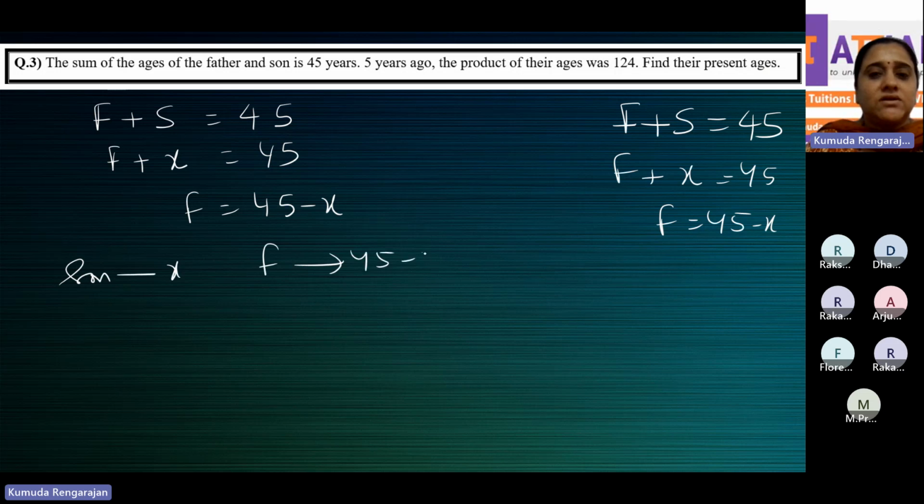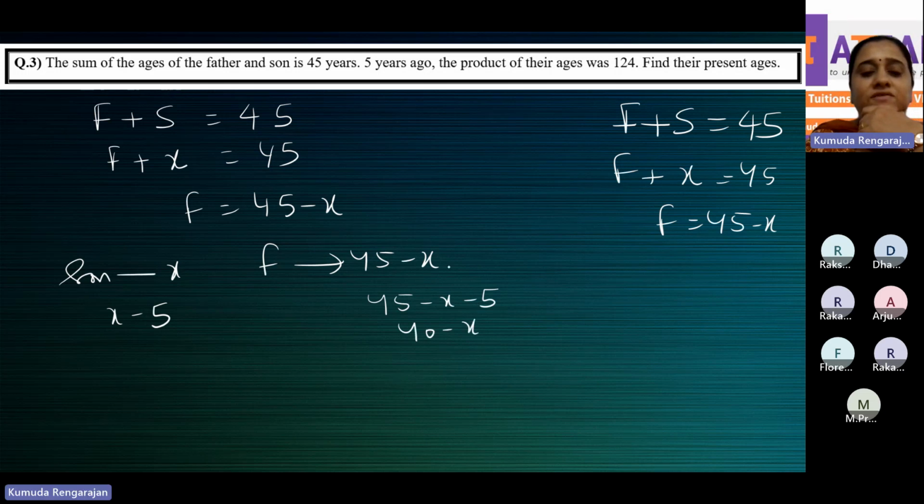Now, 5 years ago, son would have been x minus 5. And 5 years ago, father would have been 45 minus x minus 5. So that means 40 minus x. 45 minus 5 is 40 minus x. So this was the son's age 5 years ago, and this was the father's age 5 years ago.